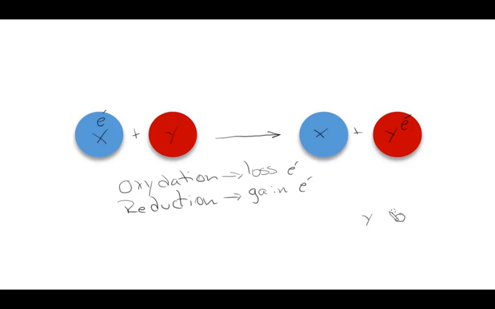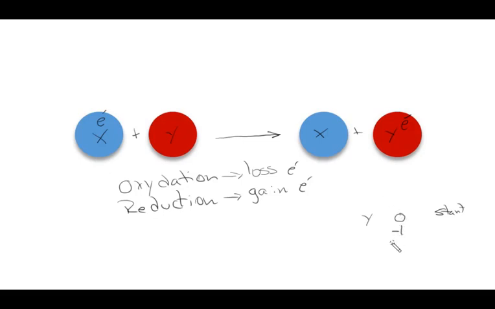Let's say that atom Y started with a charge of 0. That is the start point. As it accepts an electron, it now becomes -1. Electrons are negative, so one electron transferred gives us -1.